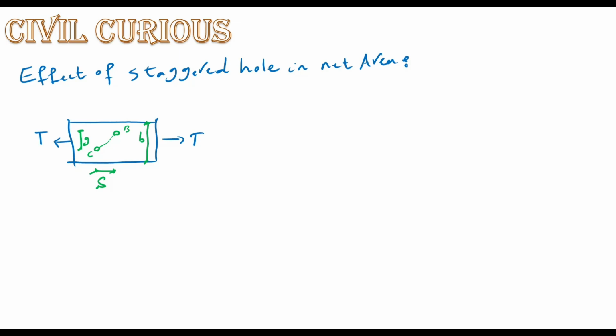So let me repeat that. The horizontal distance between these two joints is S, and the vertical distance is G. Okay, how can we consider the effect of staggered holes in calculating the net section? For doing this, we have to make some section cuts in some directions.